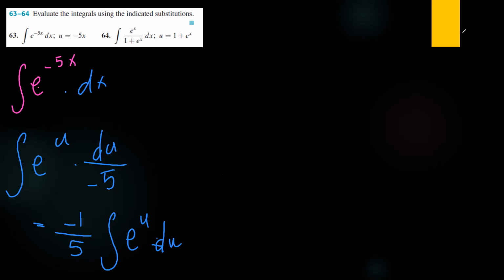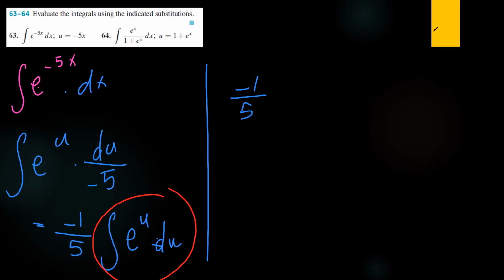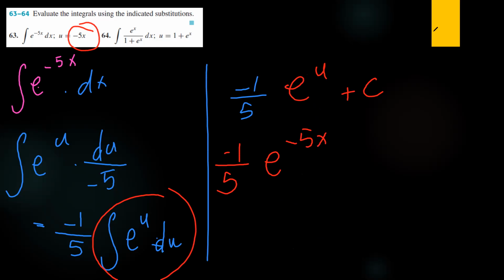Negative 1 over 5, keep it here. What is the integration of e to the power u du? E to the power u plus c. Then replace u with negative 5x. So it will be negative 1 over 5 e to the power negative 5x plus c.